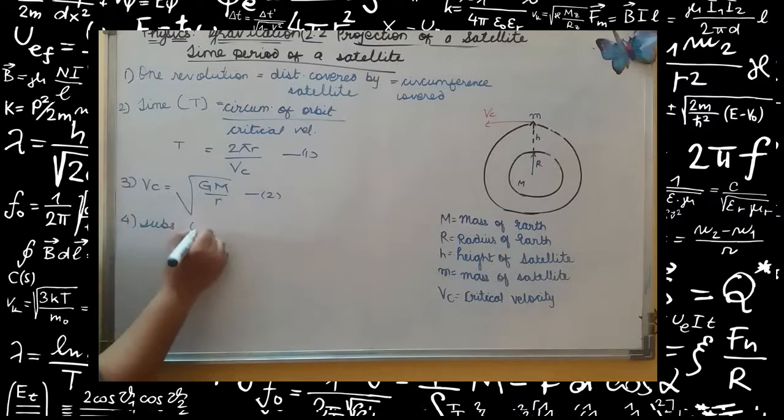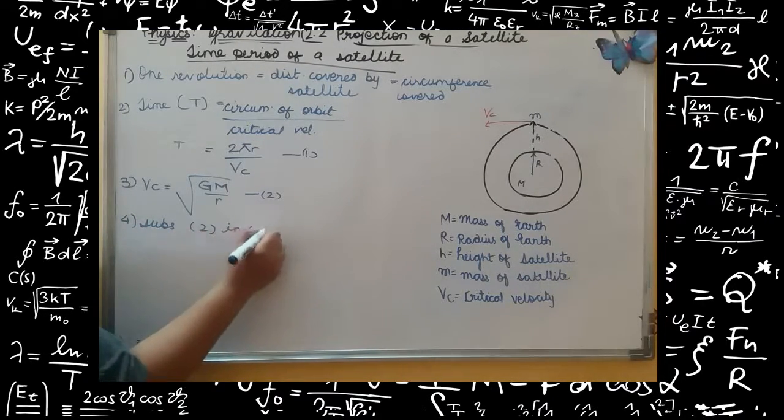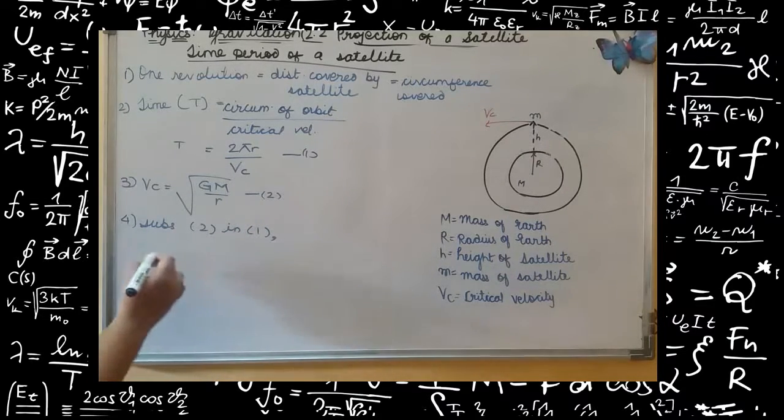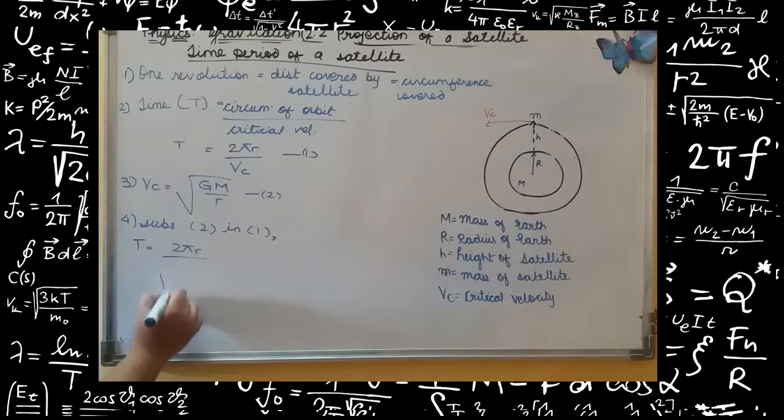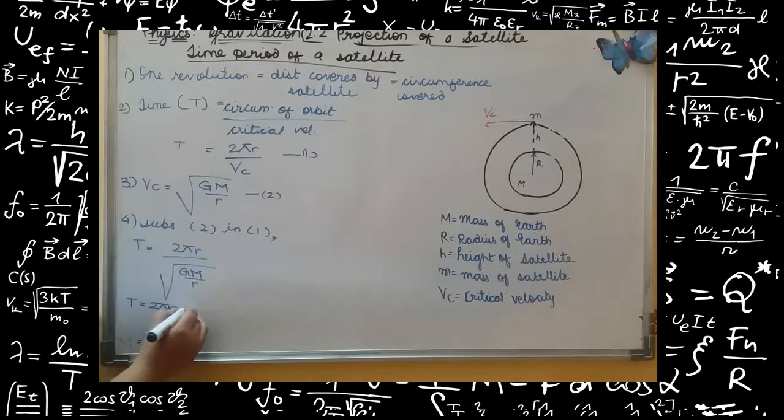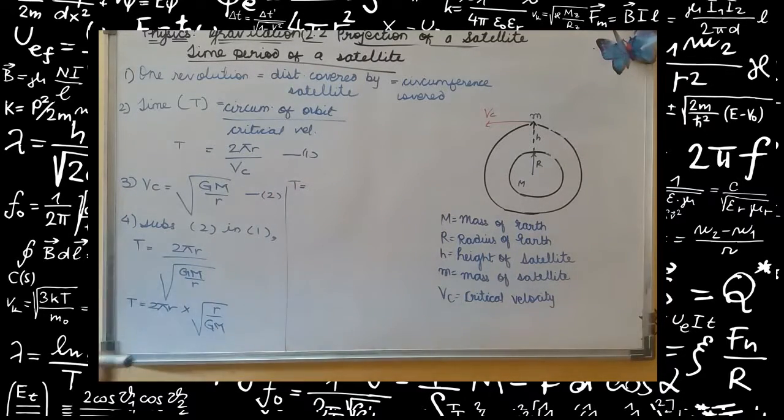Substituting 2 in 1, we get T is equal to 2 pi r upon under root of GM upon r. T is equal to 2 pi r into under root of r upon GM, reciprocal when we write these components in front of each other. Next step, T is equal to, can I take this r inside?